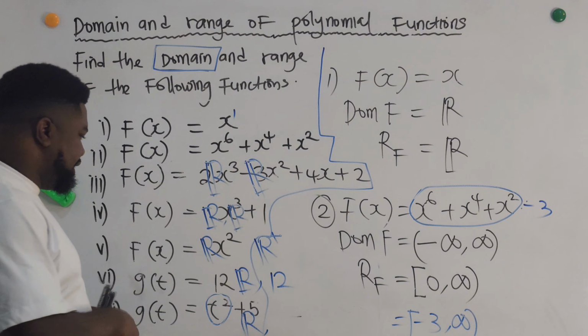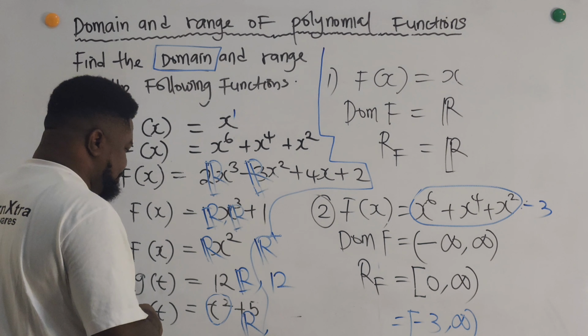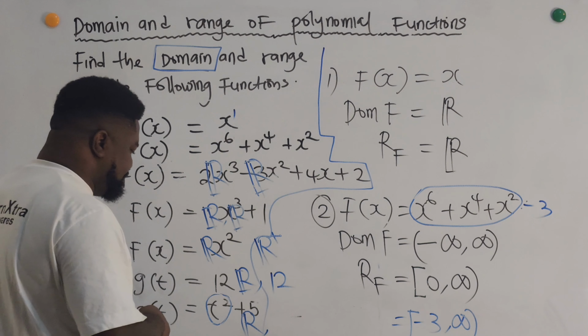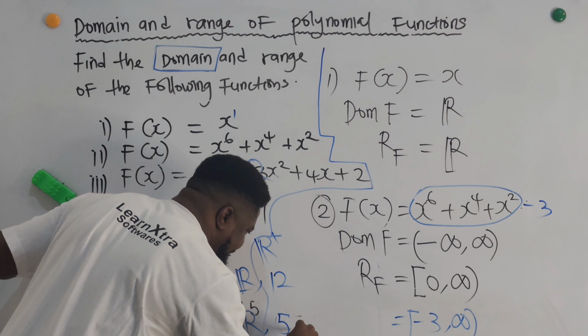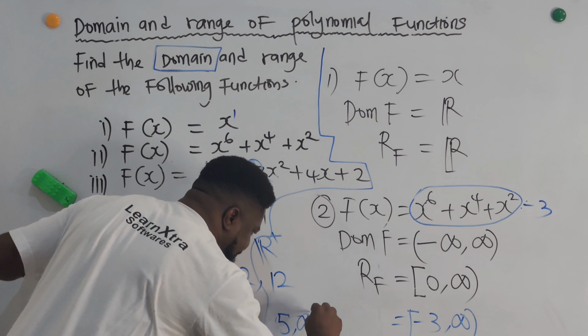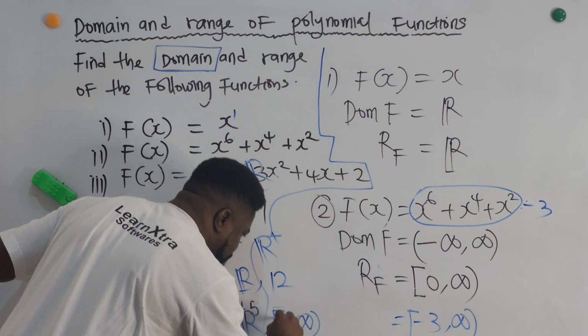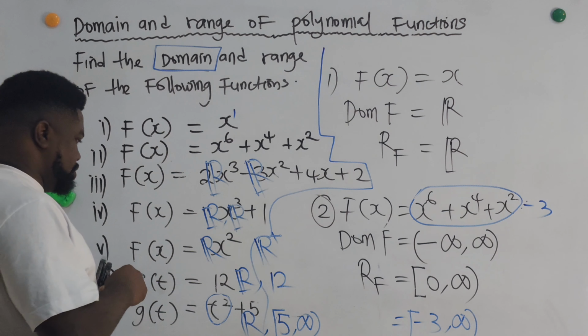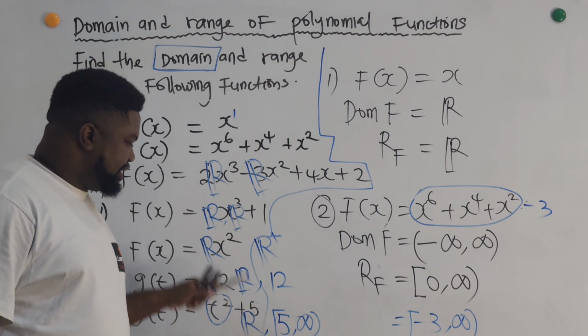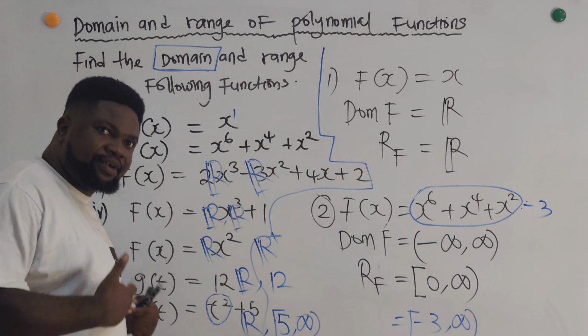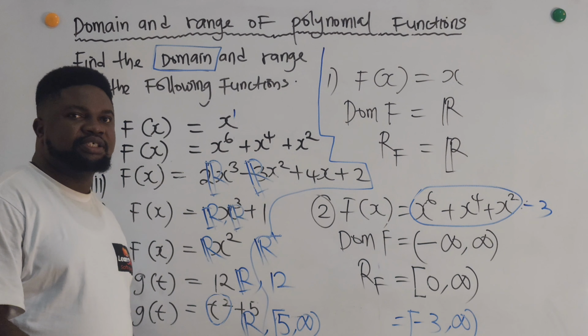So with this, I'll have my range to be from 0? No, from 5 down to infinity. This will be my range. Close bracket, open bracket, showing that 5 is included. 5 itself is part of the range.